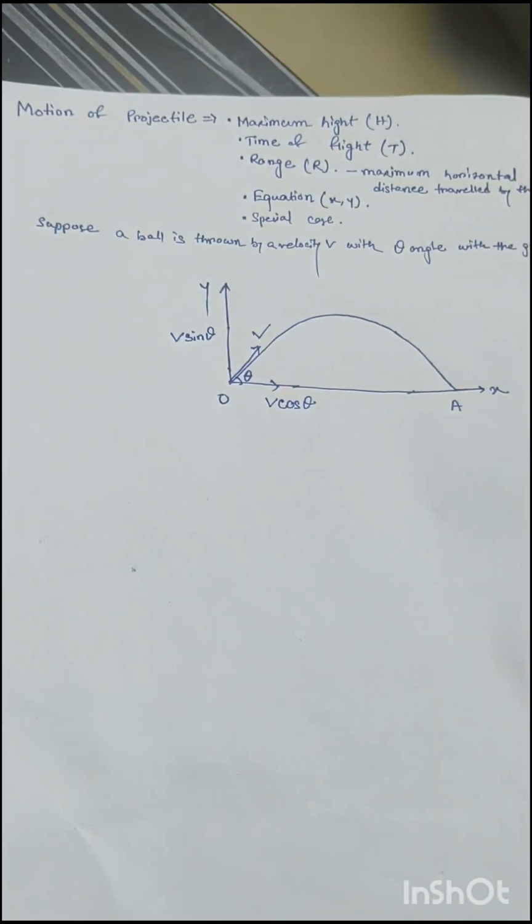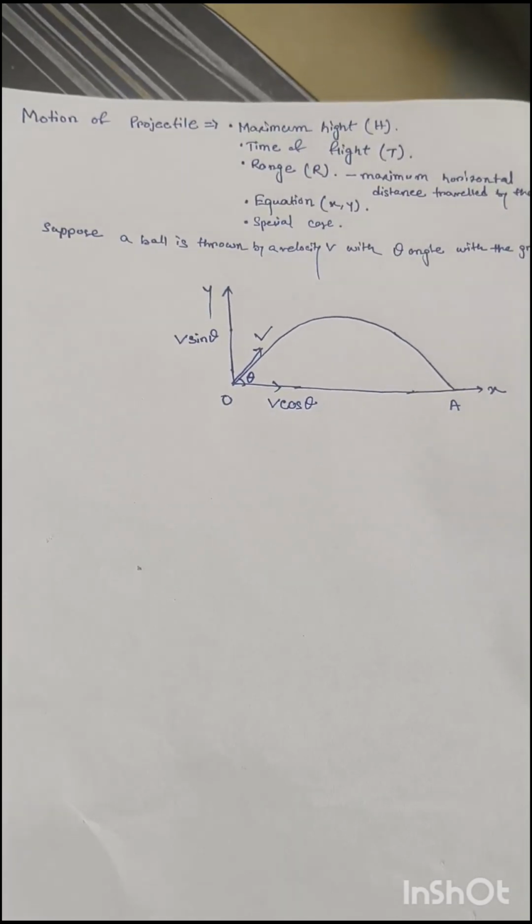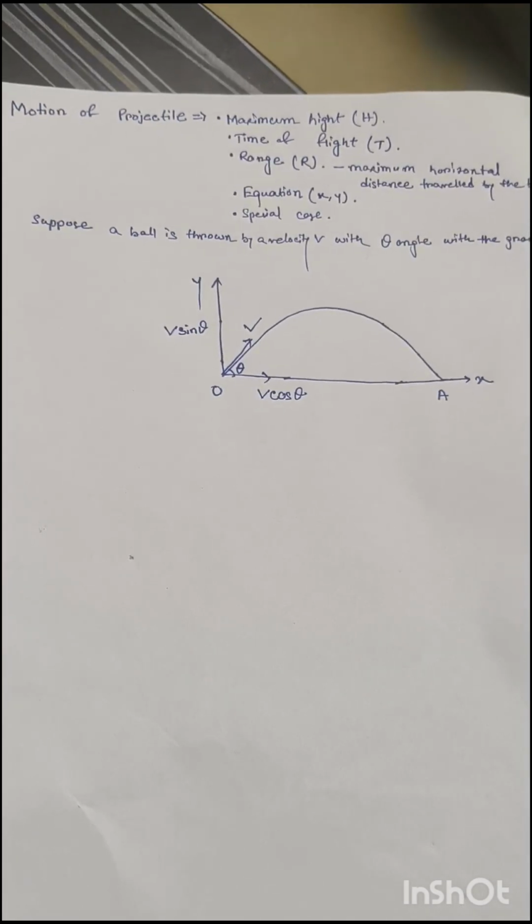So clearly understand that in the y direction it goes upwards due to v sin theta, but in the horizontal direction it goes due to v cos theta.